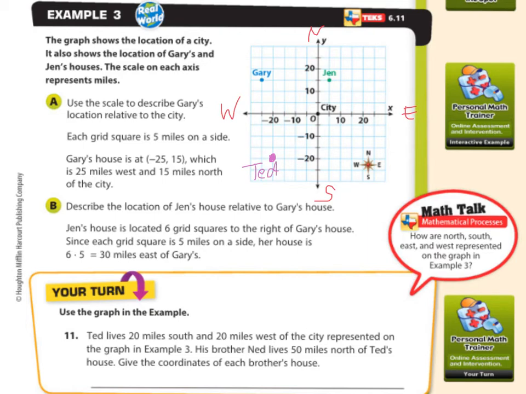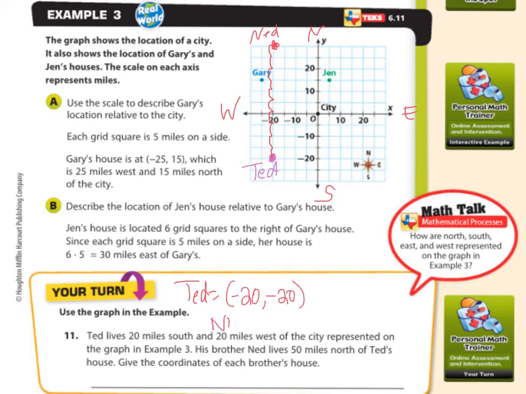And then his brother Ned lives 50 miles north of Ted's house. Okay, so 50 miles north. Remember, each little square is worth 5 miles, so let's go 50 miles north. 5, 10, 15, 20, 25, 30, 35, 40, 45, 50. So his house is up here. Okay, so Ted is at negative 20, negative 20.